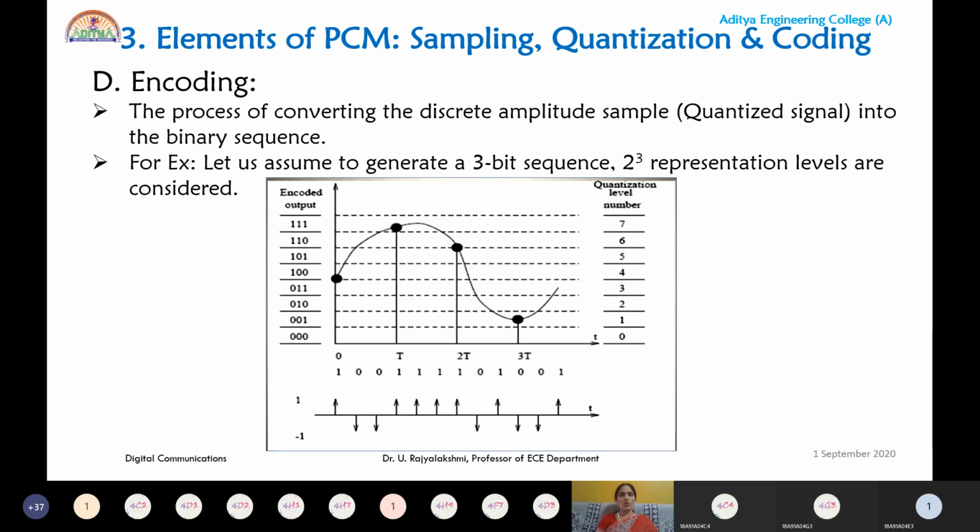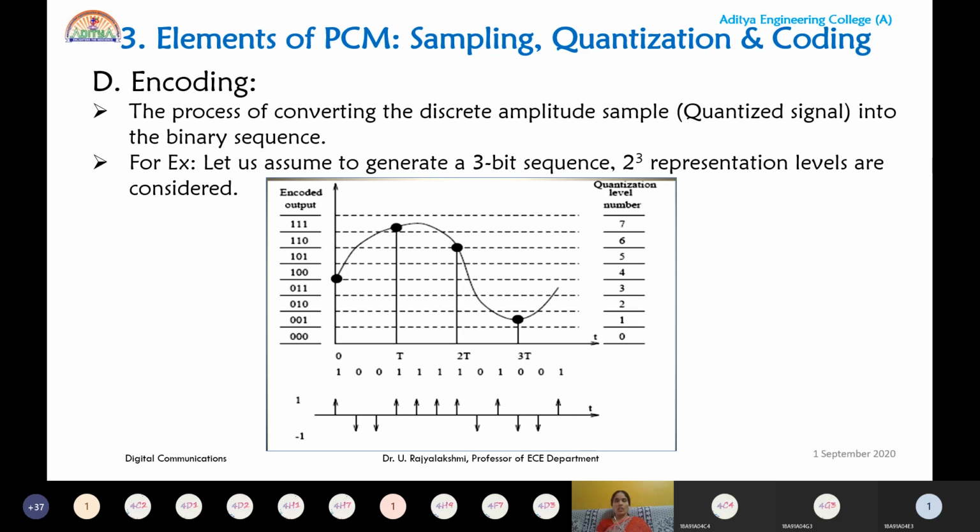And how can you generate encoding? For example, if you want to encode into a 3-bit sequence, in general the quantizer divides into 2^3 representation levels. If it is an n-bit sequence, 2^n quantization levels will be there. Please observe the encoding step here.